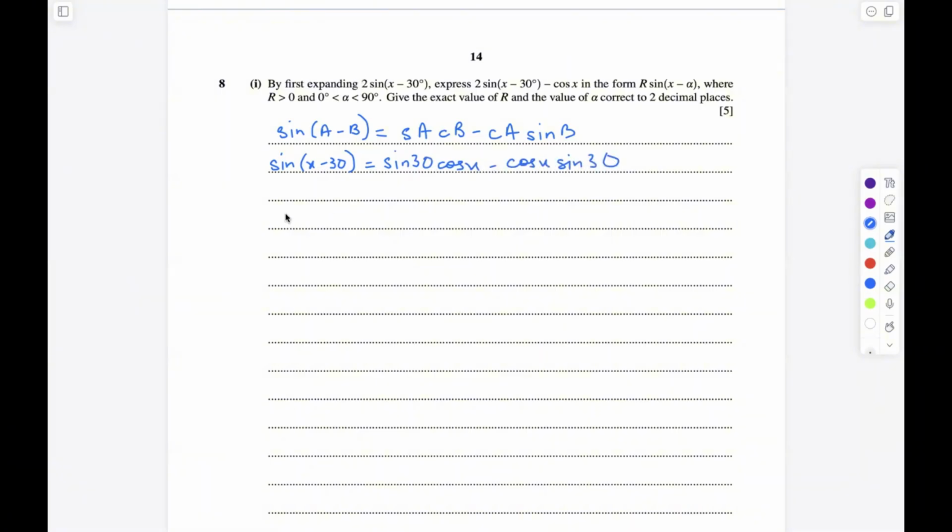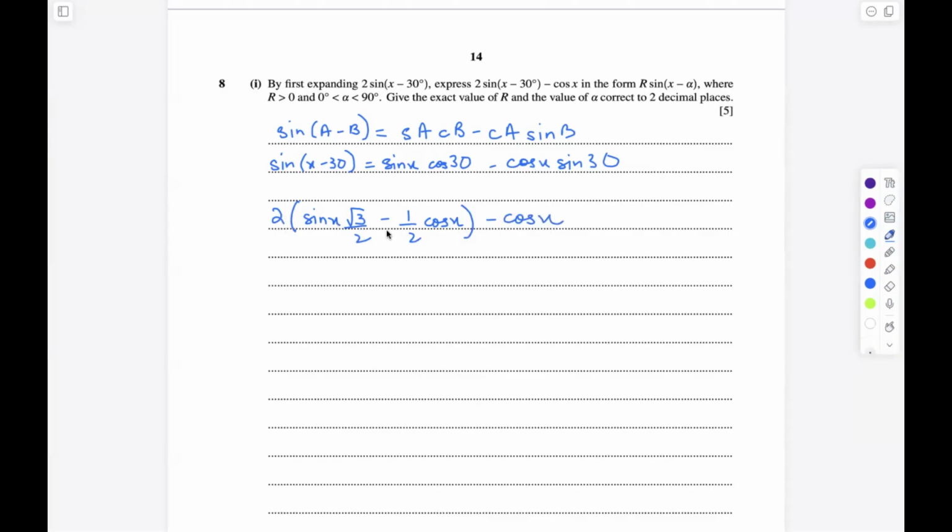Now multiplying this by 2, we know that cos 30 is root 3 upon 2, so this will become sine x times root 3 upon 2 minus cos x, and sine 30 is half, so this will become half cos x, minus cos x.